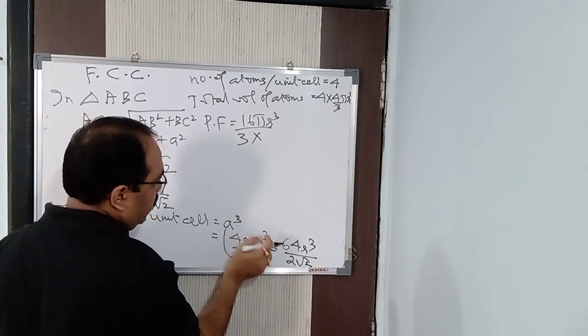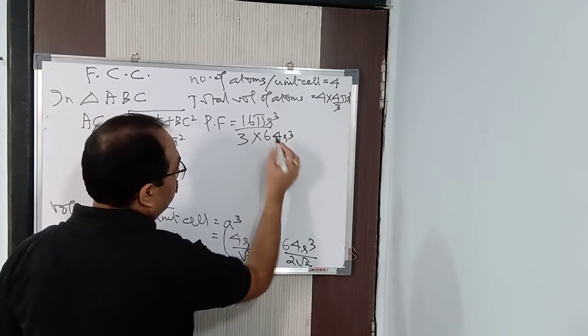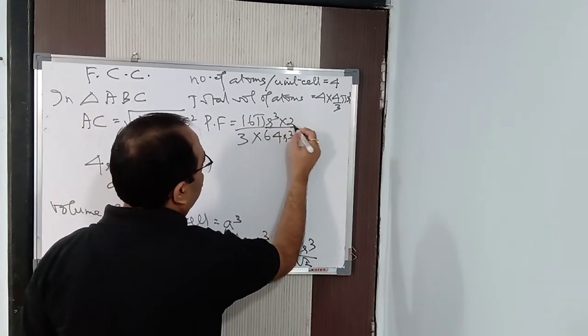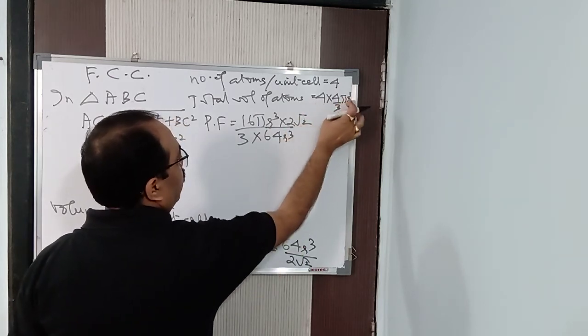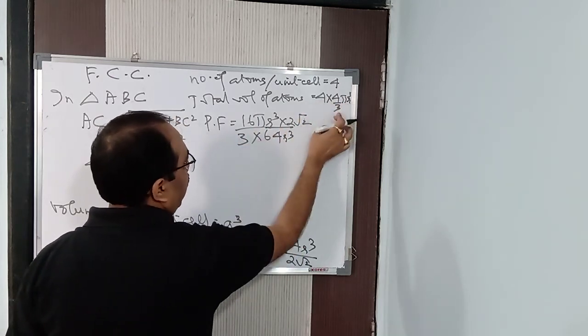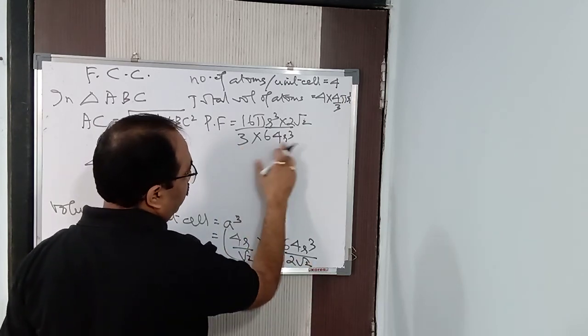Volume of the unit cell is A cube. A cube is how much, you got it? 64 R cube by 2 root 2. Clear? Understood? 16 pi R cube by 3 I got here. Now the total volume is 64 R cube by 2 root 2.